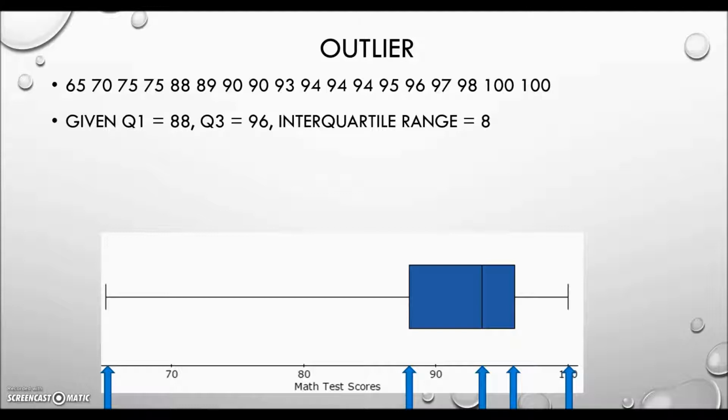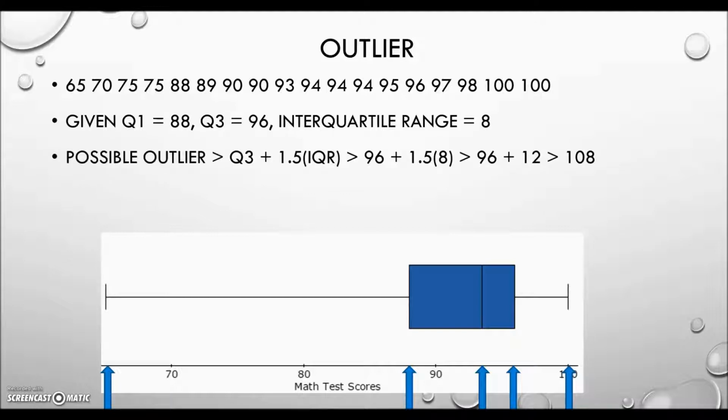Next, we will determine a possibility of a large outlier by looking at any data values that are greater than the third quartile plus 1.5 times the interquartile range. The third quartile for this example is 96. We just found that the interquartile range is 8.